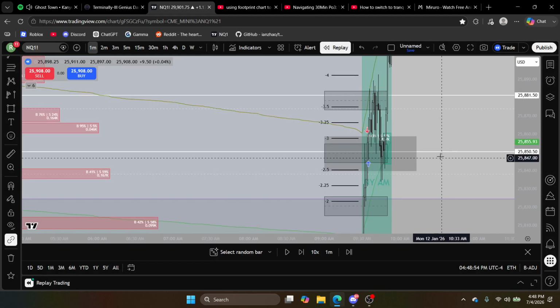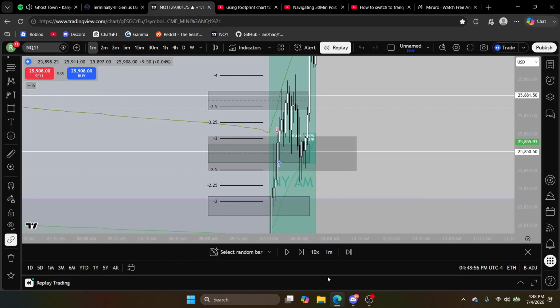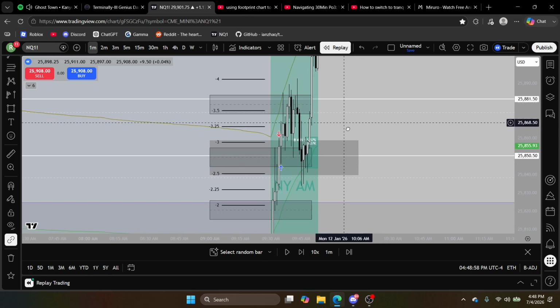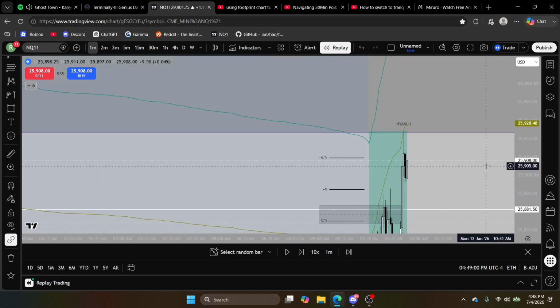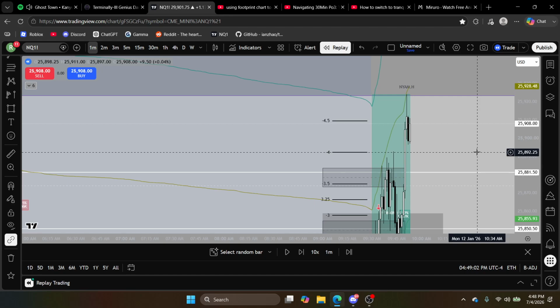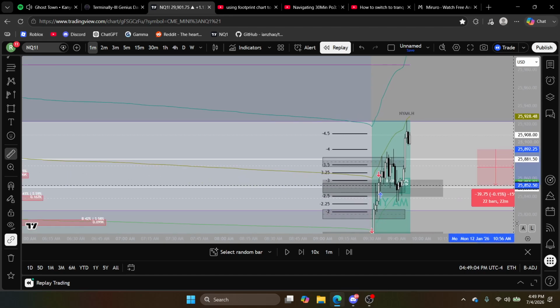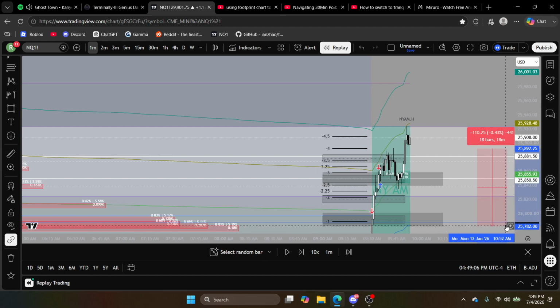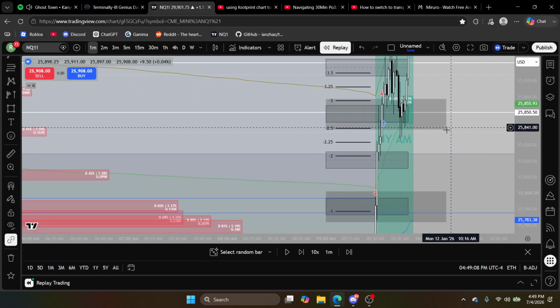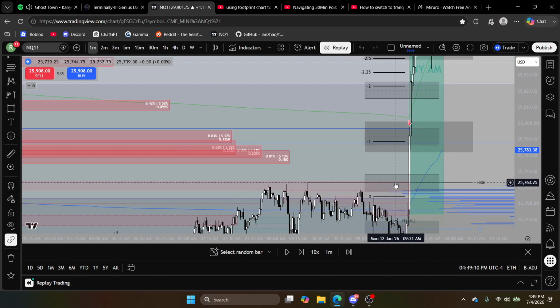But either way, that loss would have probably been mitigated by my use of Bookmap, if I was using a real Bookmap.